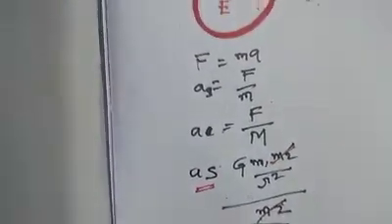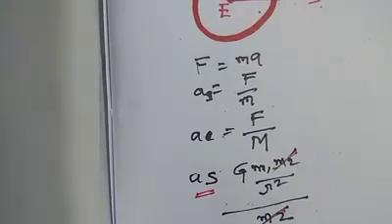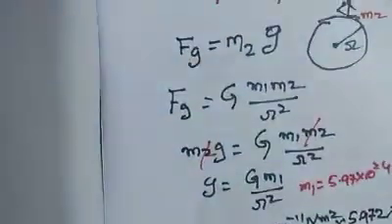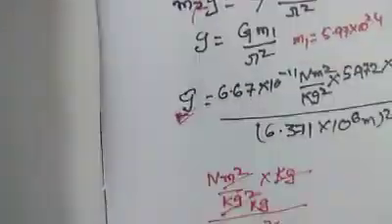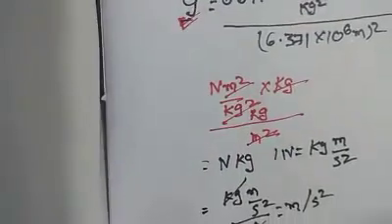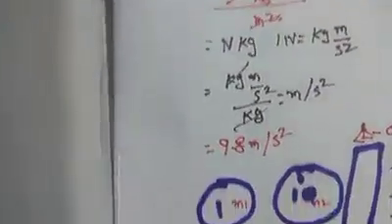So what we have finally come to a conclusion is that earlier we have seen in the video how we can deduce the value of 9.8 meters per second squared. We have taken the values, we have cancelled out the values, and what we have got is only meters per second square.